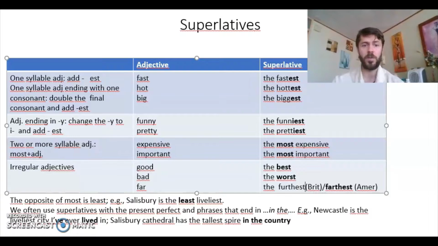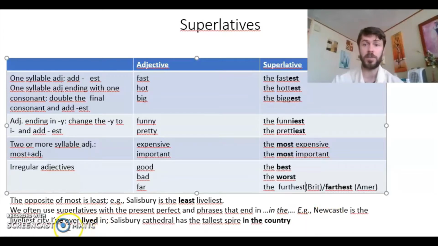And a few more things to think about. The opposite of most is least. So you may remember that I said Salisbury is the least liveliest. So just change most for least. We often use superlatives with the present perfect and phrases that end in the blah blah blah. For example, Newcastle is the liveliest city I've ever lived in.